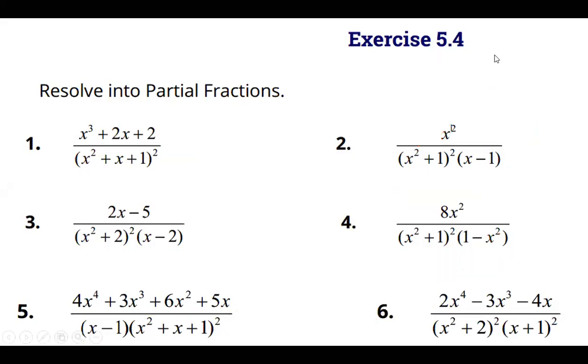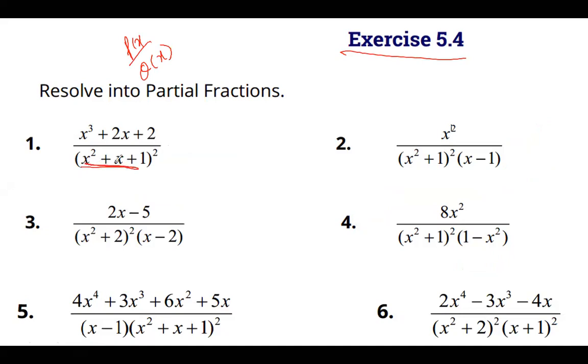This is exercise 5.4, and we are going to solve questions in which Q of x, the denominator of P of x over Q of x, consists of irreducible repeated quadratics. Now observe question 1.